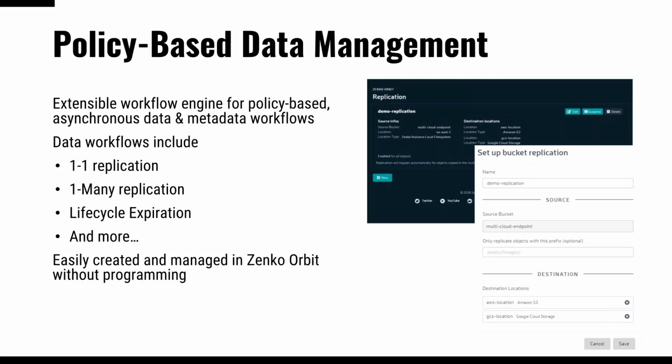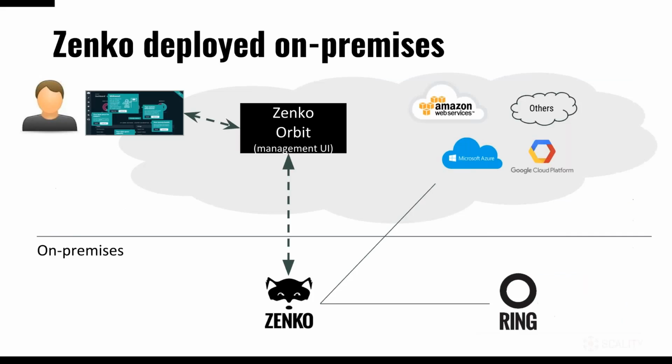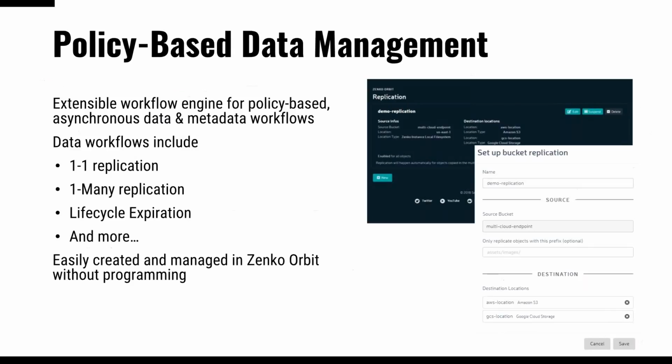We see this use case in media as a way to act as a kind of CDN and distribute data across multiple clouds. In that case, you can also benefit from our local caching. The first copy would be in the cache, and then it is sent to the cloud, which is the most economical from a bandwidth point of view. There's also lifecycle management, which is the typical AWS S3 lifecycle expiration, and more policies are coming later on.